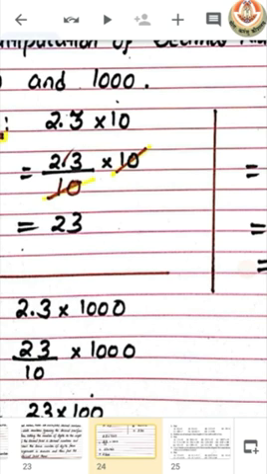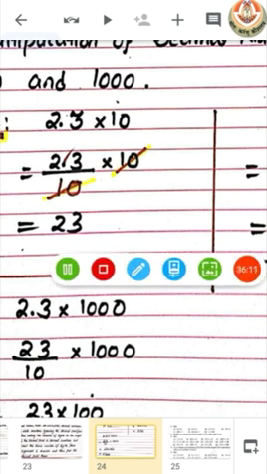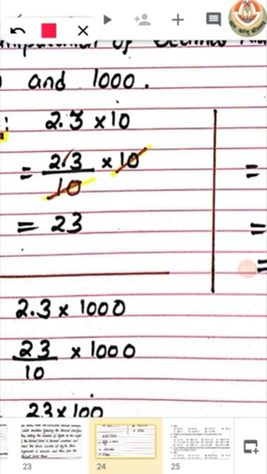Here, for converting 2.3 to a whole number, we shift the decimal point to the right side and place a 10 in its denominator. Why 10? Because there is only one digit by which we have to shift the decimal point. That is why here we have 10.